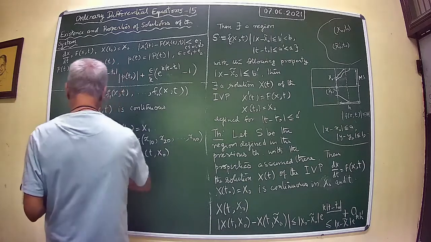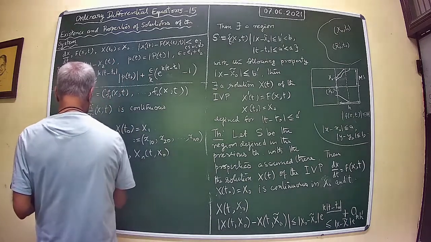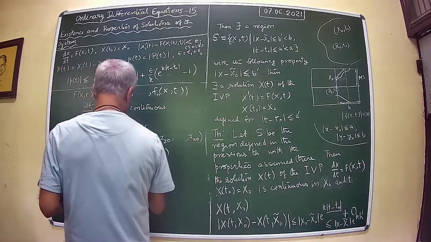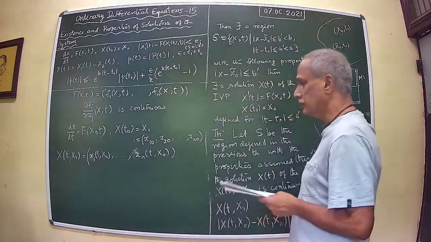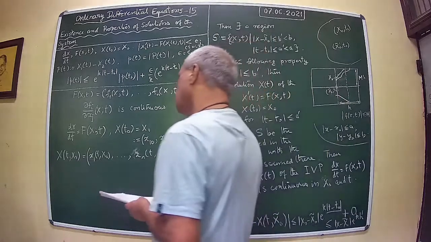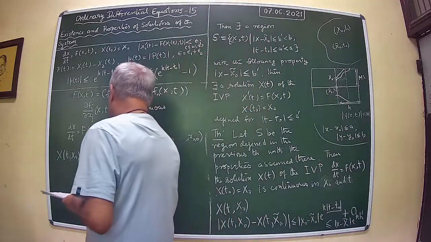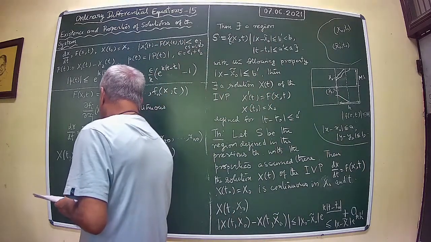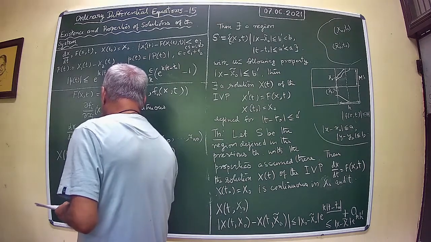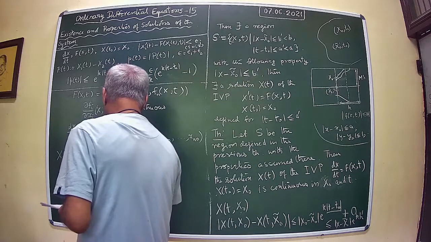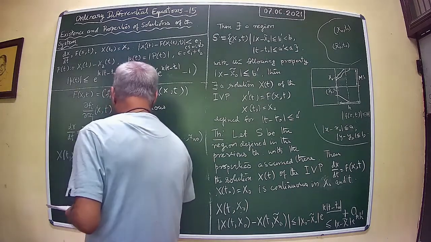Our notation was small x1, ..., xn. These are the component functions that you have, and xi(t, x naught) is xi(t, x1 naught, ..., xn naught).